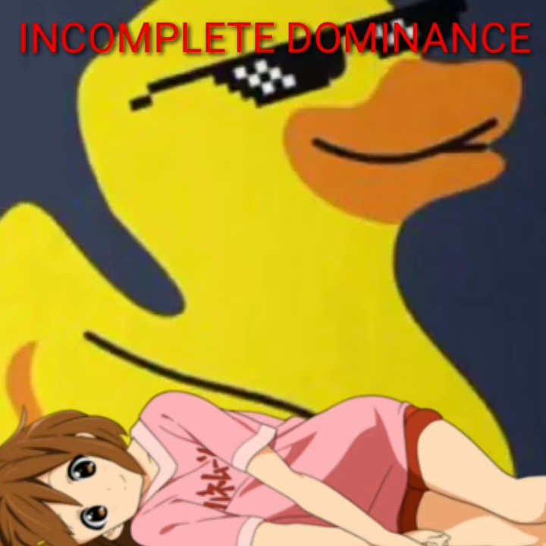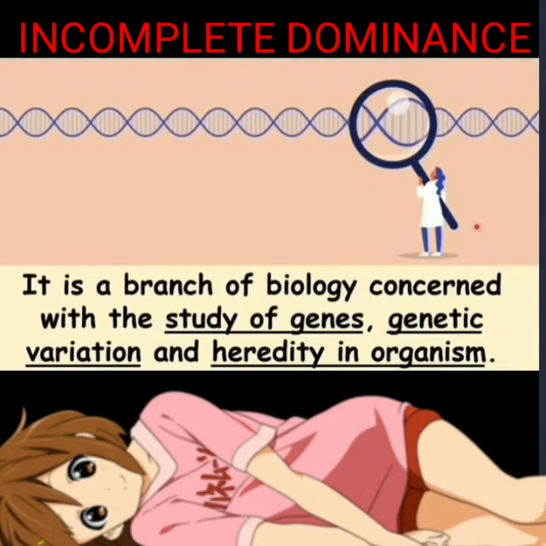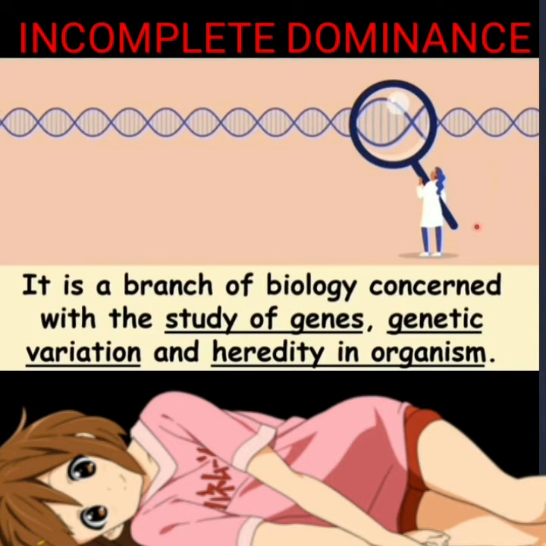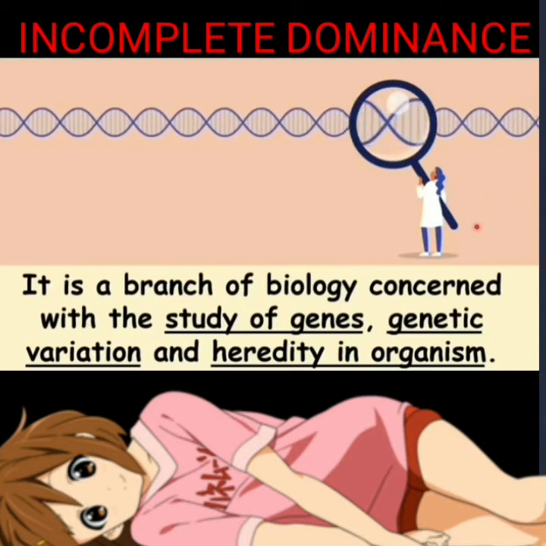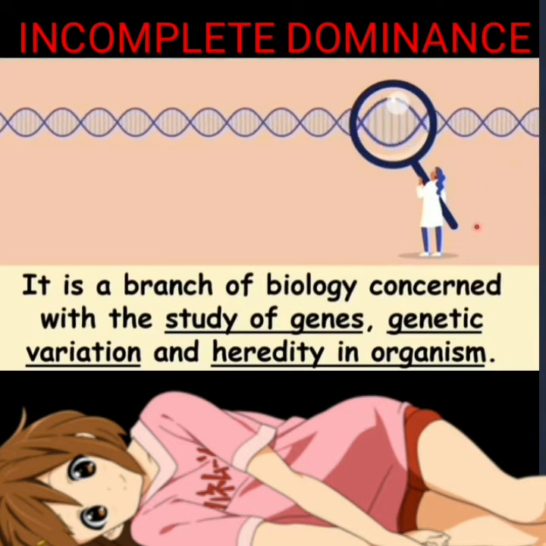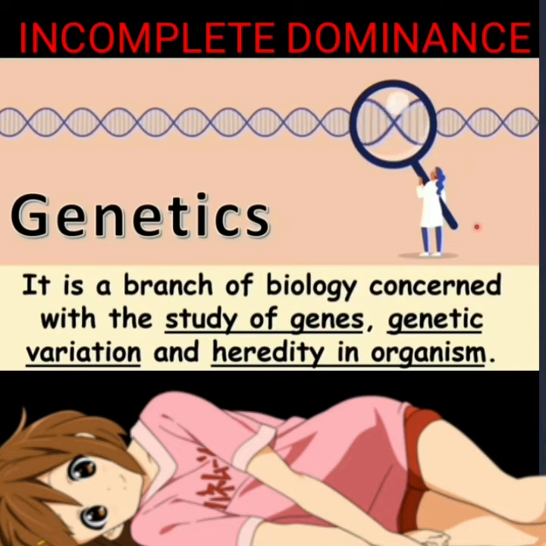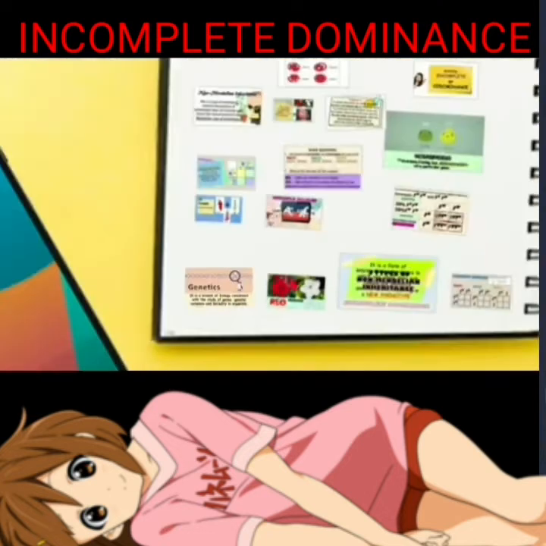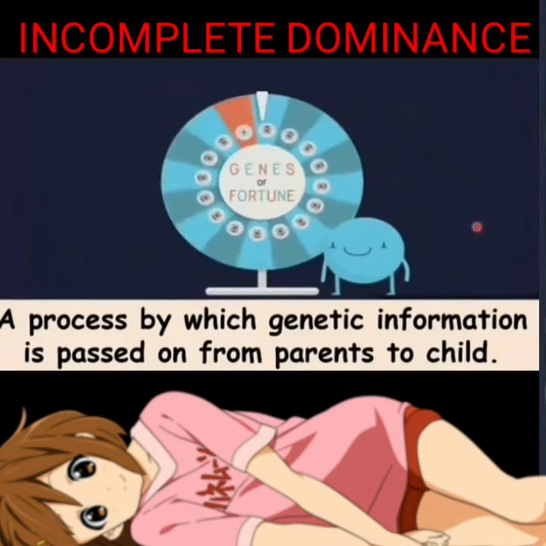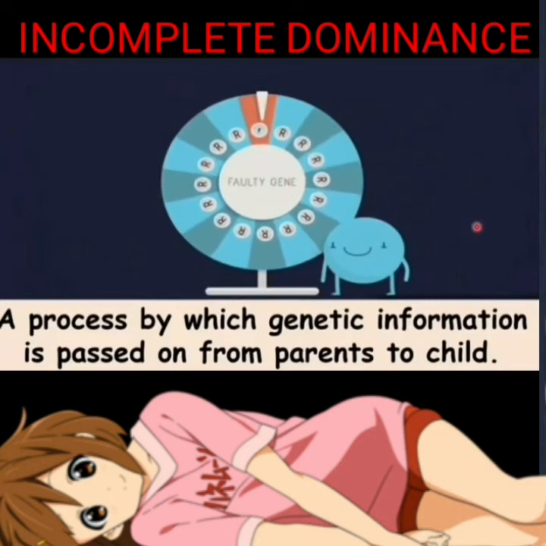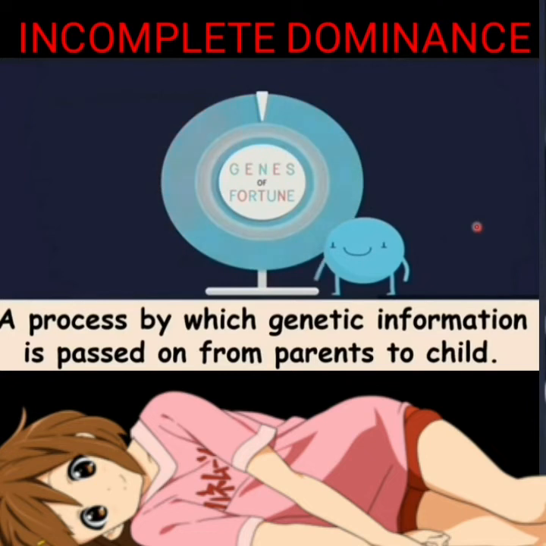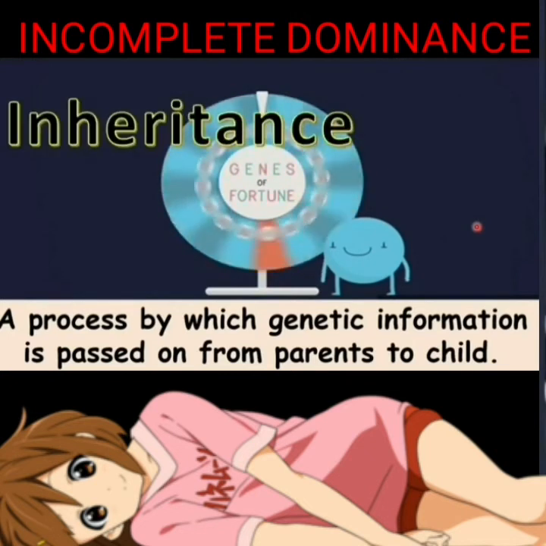First term. It is a branch of biology concerned with the study of genes, genetic variation, and heredity in organisms. This is genetics. That's right. The next term, a process by which genetic information is passed on from parents to child, that is inheritance.